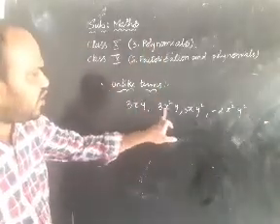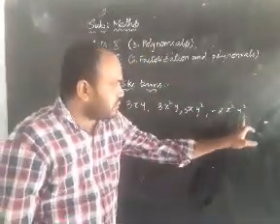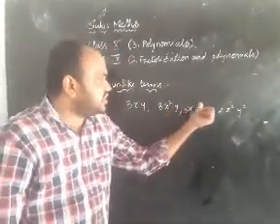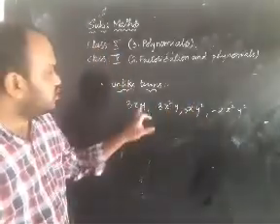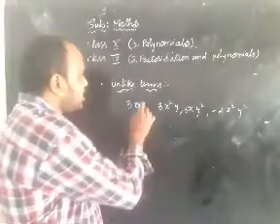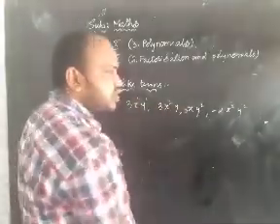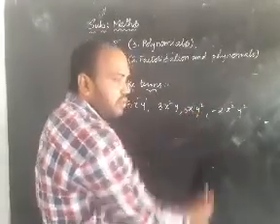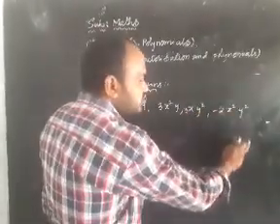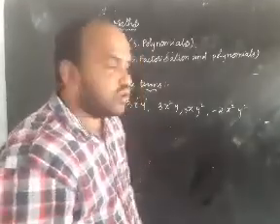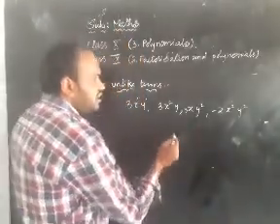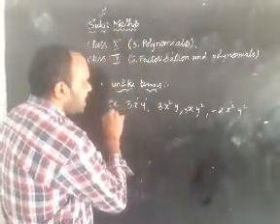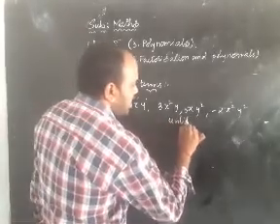We have the same variables x and y, but there is a change in the power. Here x power is 1 and y power is 1. Here x power is 2, y power is 1, and x power is 1, y power is 2, and x power is 2, y power is 2. These are examples of unlike terms.